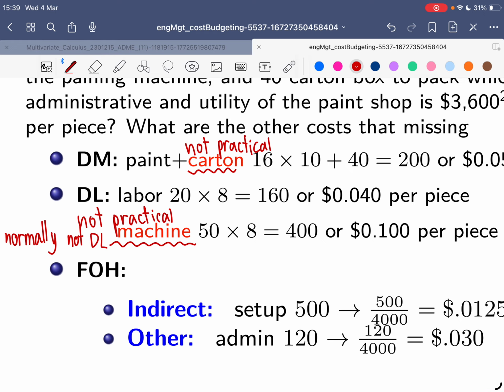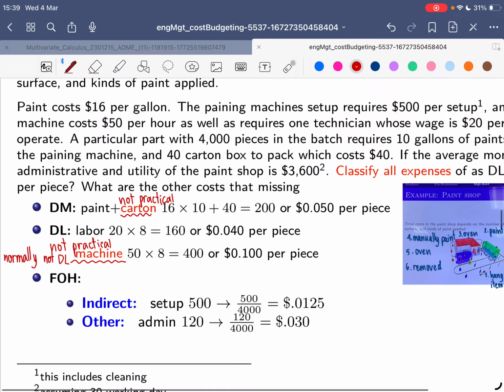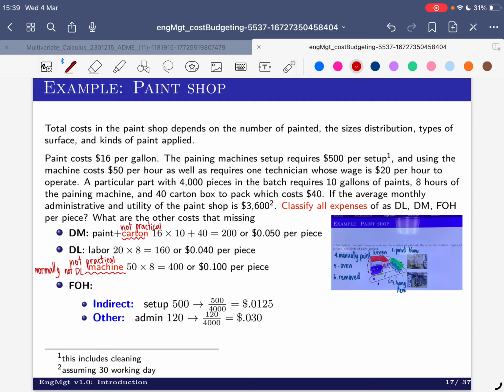What about factory overhead? How do you calculate factory overhead? Is there any cost that you forgot? Setup cost. What about the admin and utilities? And of course, this admin has to be in the factory.